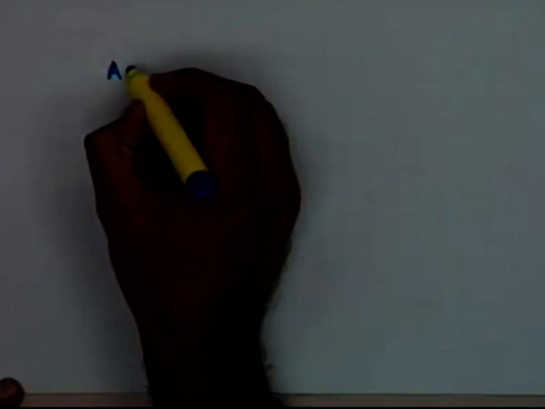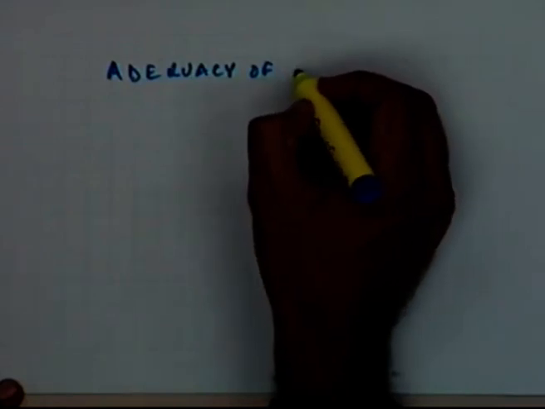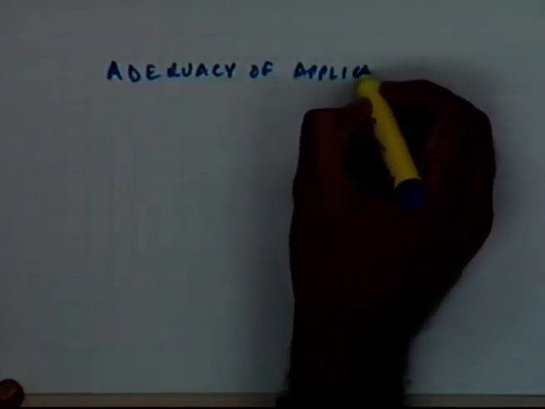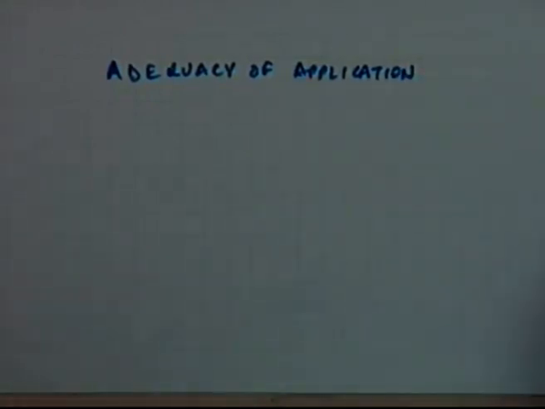Let's now discuss the aspect of adequacy of application. So far we have looked at the behavior of the sprinkler irrigation system. But why we are using the sprinkler irrigation system is for application of water, which is basically meant for taking care of the crop water requirements.